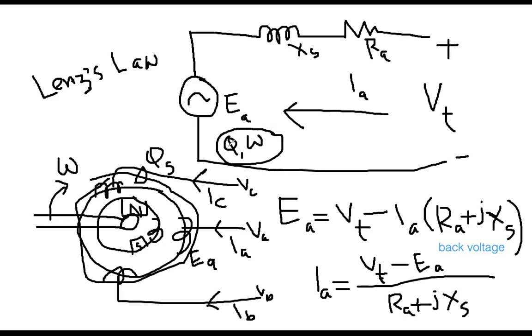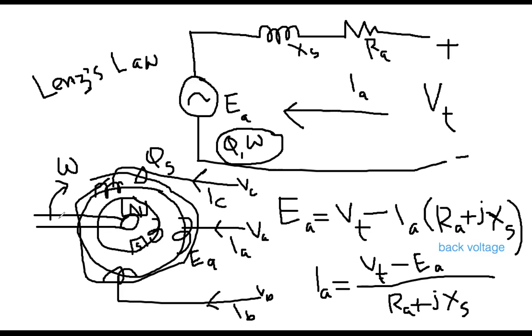If you increase the flux, then EA will increase. If you decrease it, then it will decrease. Why am I saying this? Because the magnitude of IA is dependent on this factor. Your terminal voltage is the applied voltage, which is available on the system or along the line. But EA is dependent on the amount of flux and the speed of rotation.